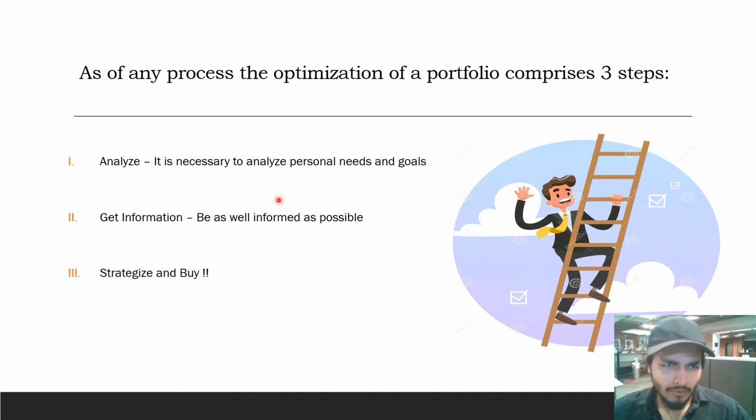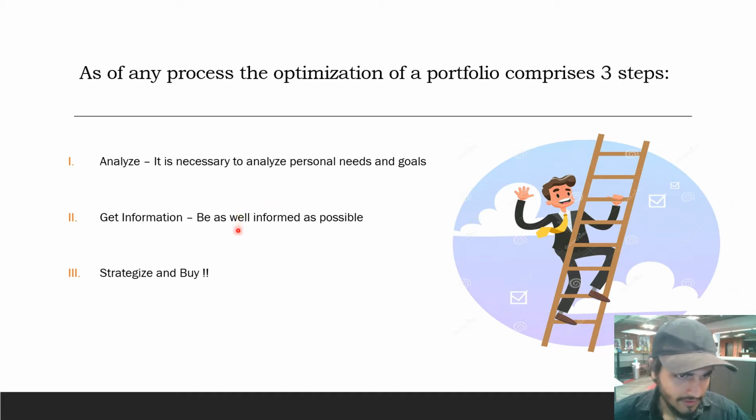Now, as with any process, the optimization of a portfolio comprises three steps. The first is to analyze. In this step, investors should ask themselves about their personal needs and goals, because an investment that works for one person might not work for another person.